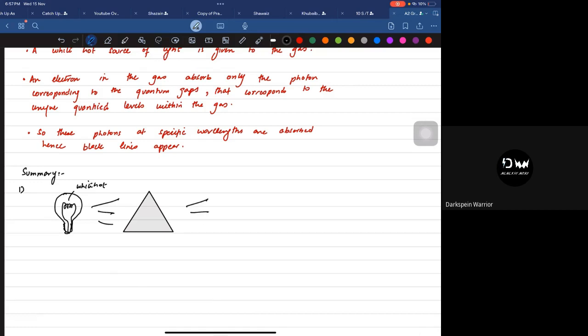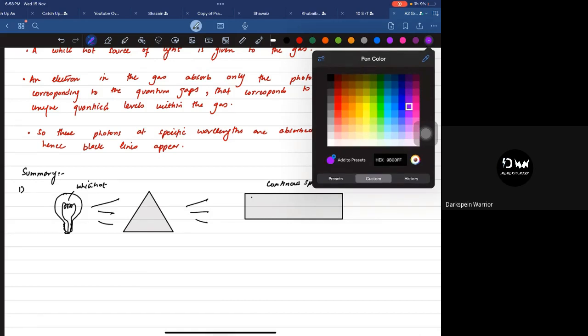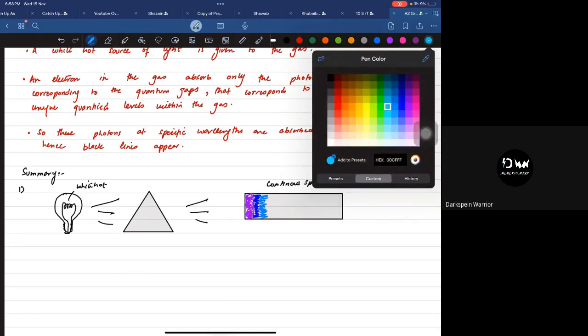So it's going to give you a continuous spectrum. All the rainbow colors actually.